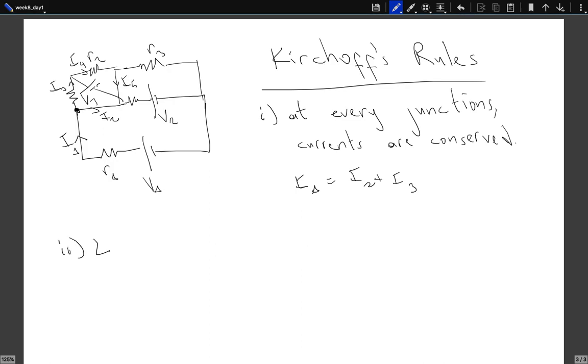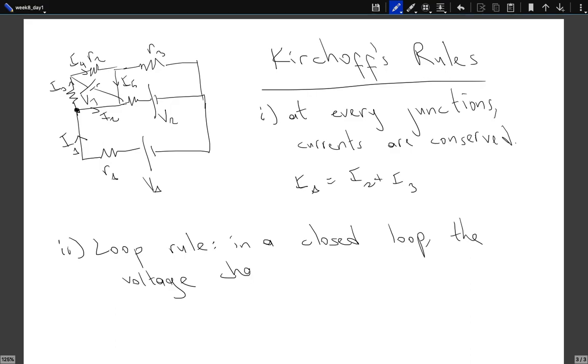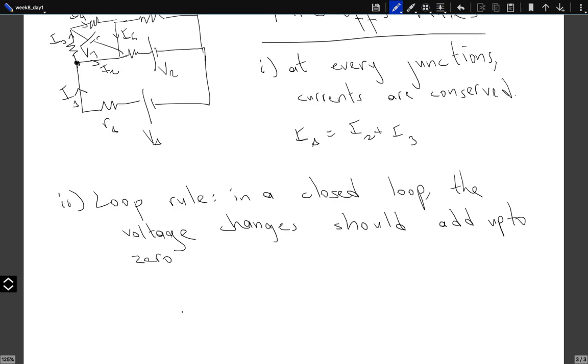And the second rule is also sometimes called the loop rule. In a closed loop, the voltages or voltage changes should add up to 0. But this is also something we had used many times.